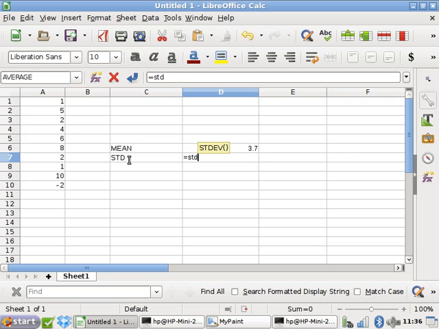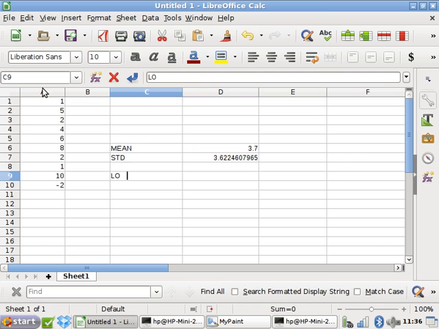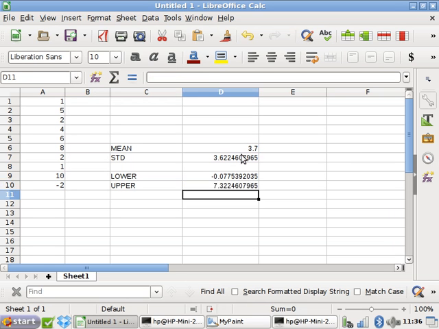Oh, what the heck is it? I think it's this. Now let me do lower and upper. So if I do this minus this and this plus this, are all my numbers in this range? No. Are most of them?